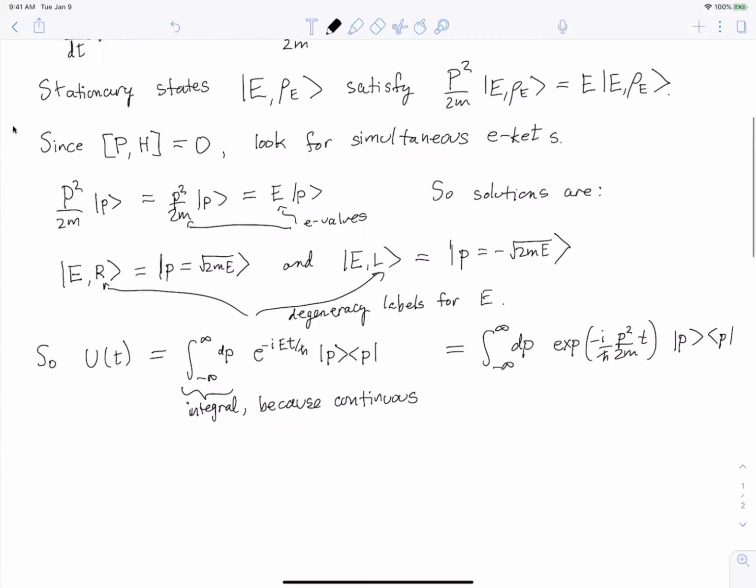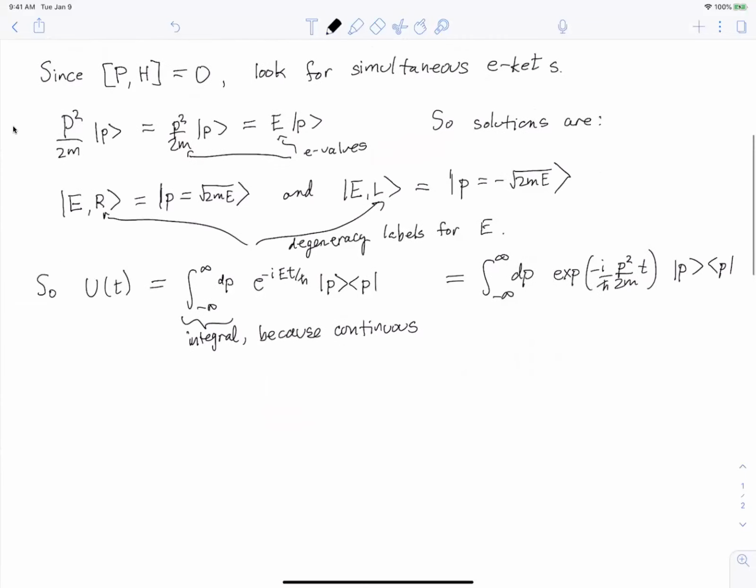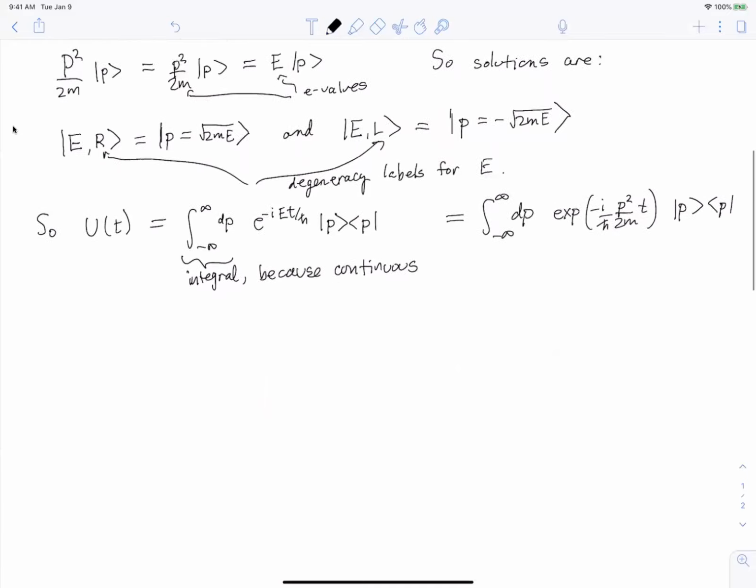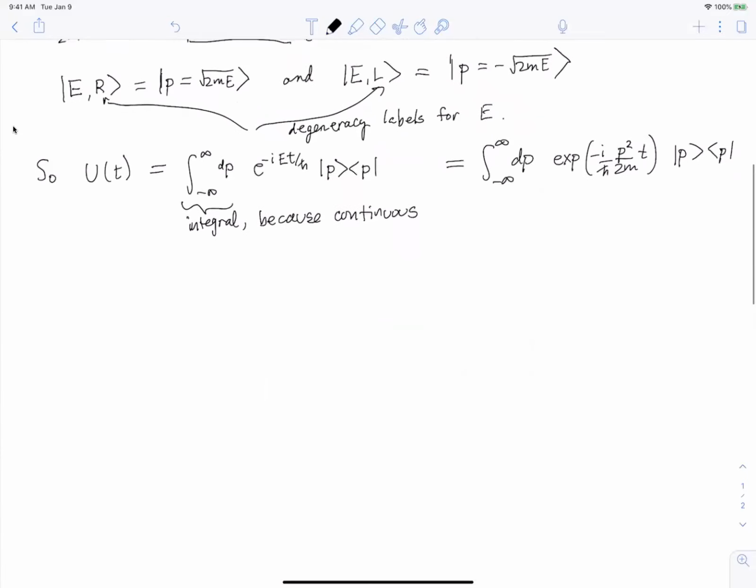That's our unitary operator that does time evolution for us. One thing we might want to do is work in position space with wave functions. For this unitary operator, we can define its position space matrix elements.